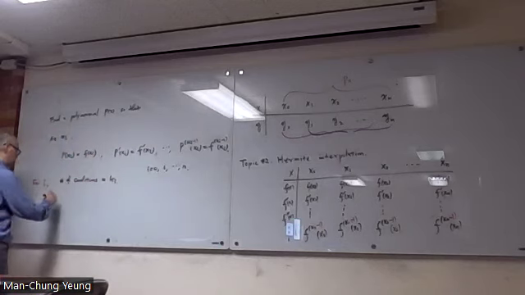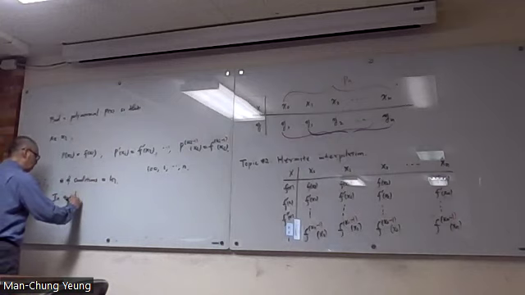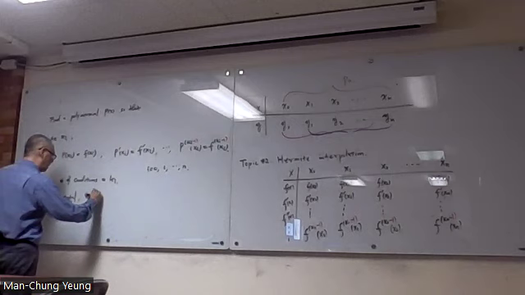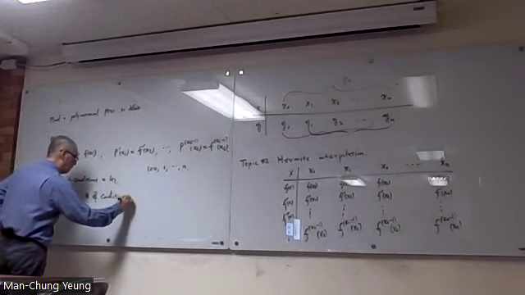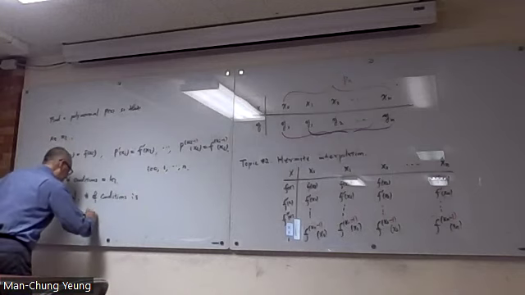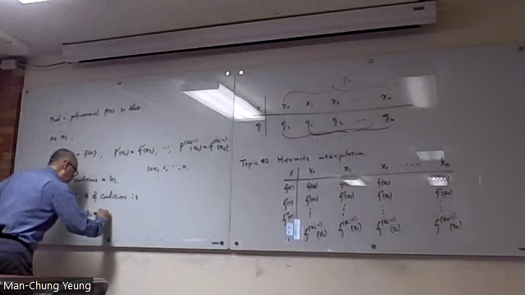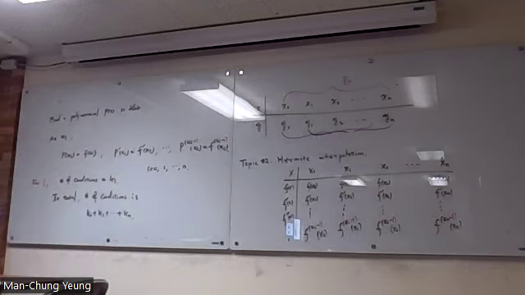In total, the number of conditions is k_0 plus k_1 plus up to k_n. In total, there are so many equations.